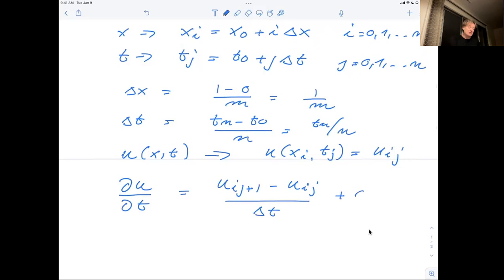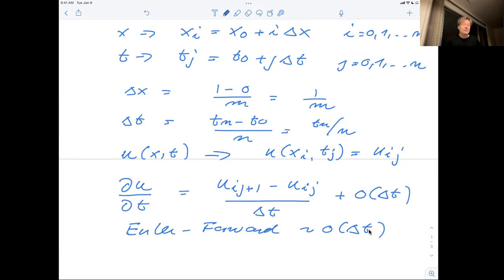And then we have a plus an O of delta t. So the error in what we normally call Euler's forward stepping, or just forward Euler, carries an error which goes like delta t.